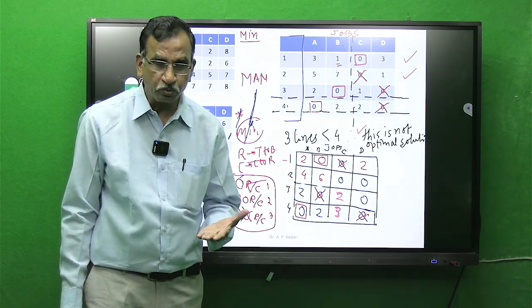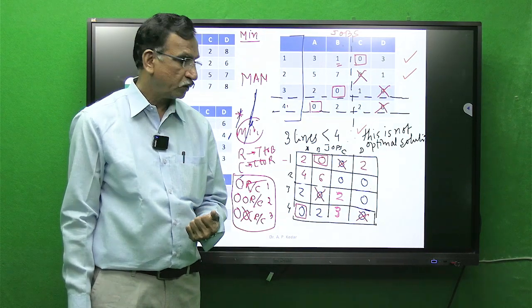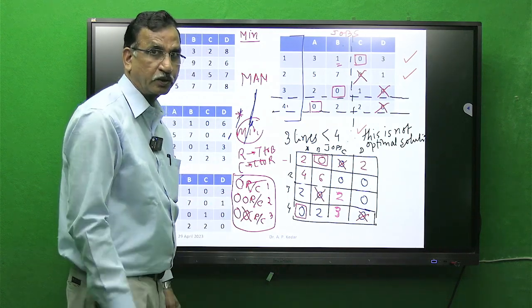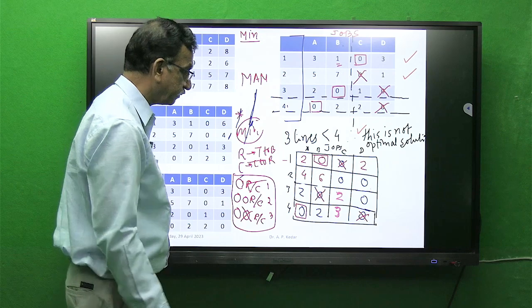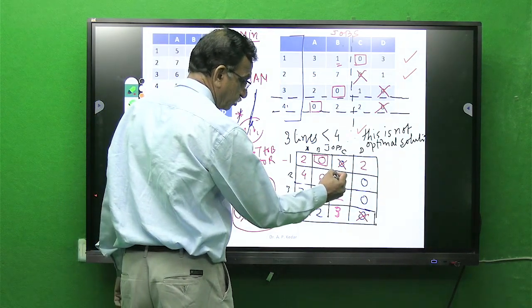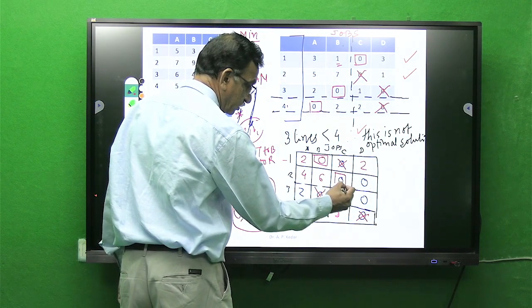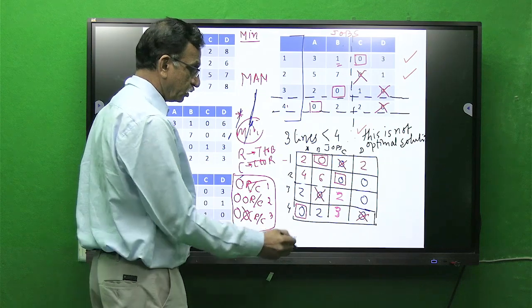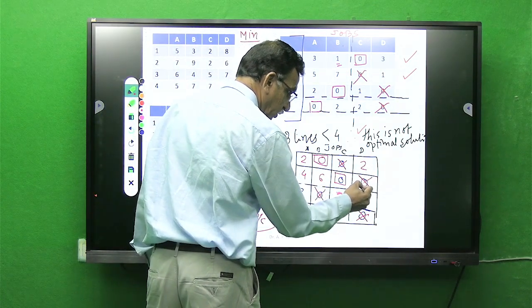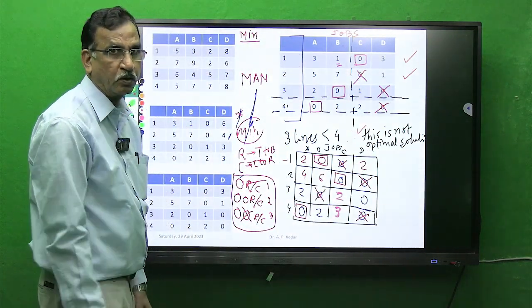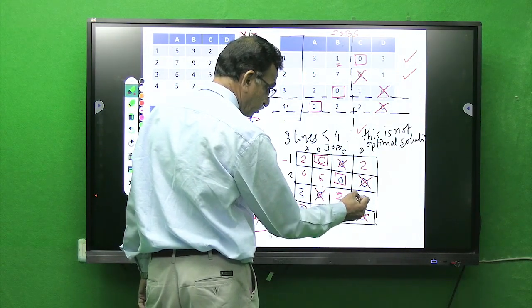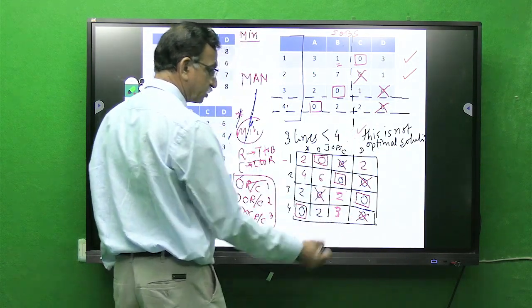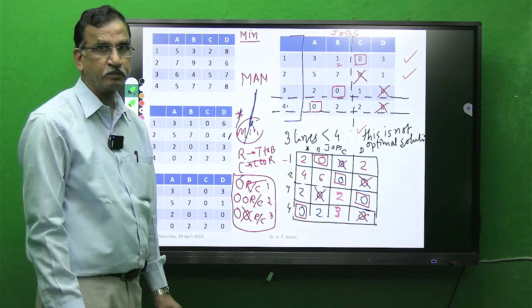You will not move towards the optimal solution. So the care you have to take while assigning is to prevent zeros from cutting. So we assign this particular zero, cross off this zero, and now only 1 zero is remaining. So this is the last zero assigned.